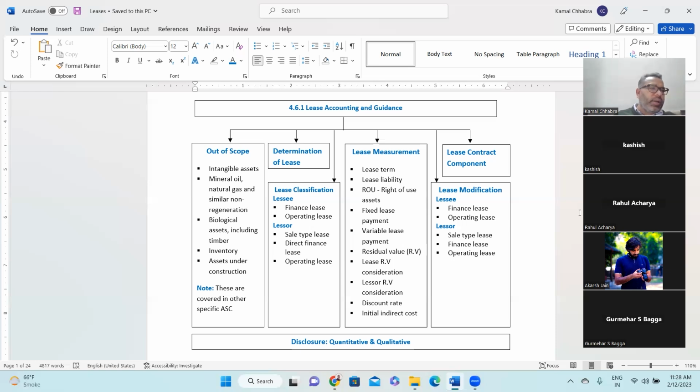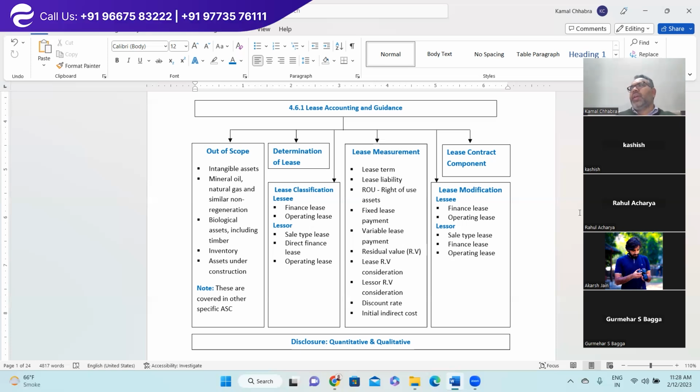No, I'll tell you how it happens. Generally when you go to a country like the US, you can take cars on lease. It can be for 1 day, a week, a month, month on month, or over a period of 2 years or 3 years. Generally, most of the time in the US, people take a car on lease for 2 or 3 years.